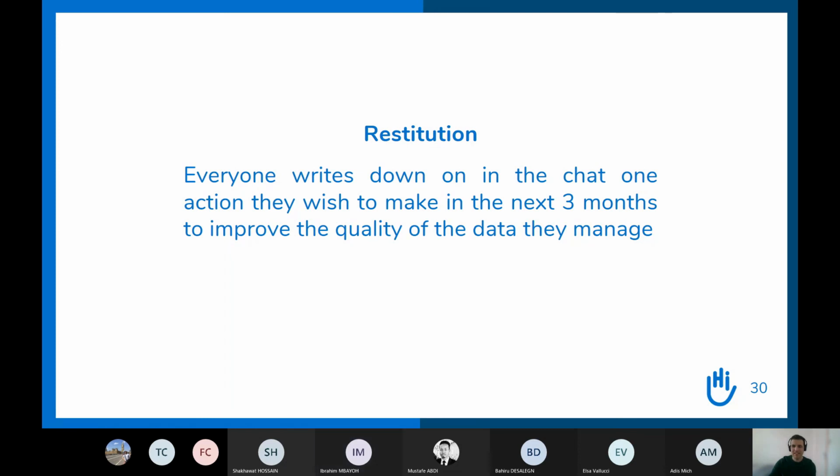Okay, great. Effective coaching, so that also goes with capacity development.